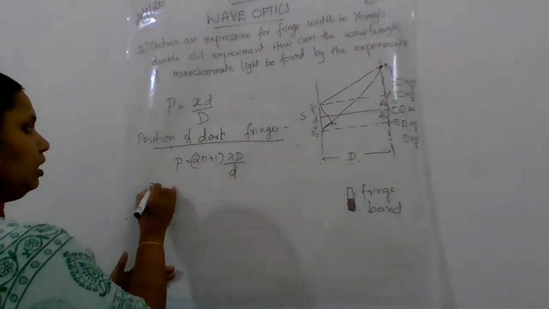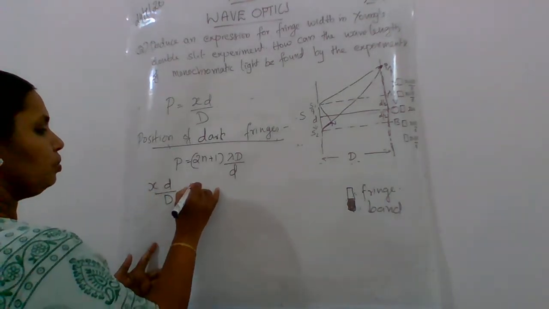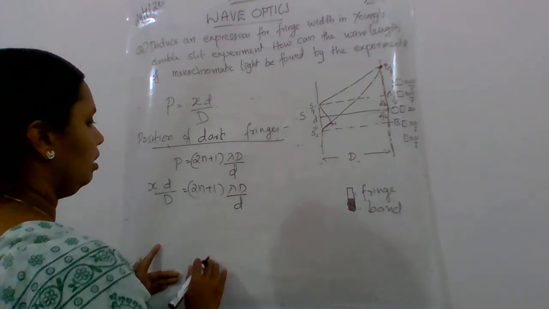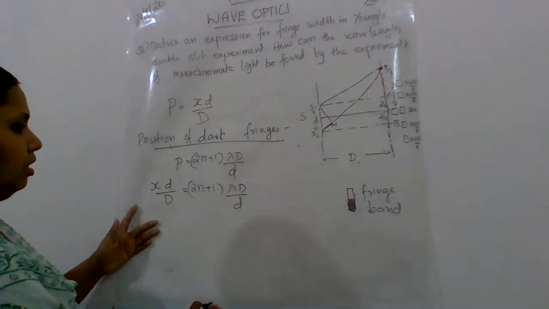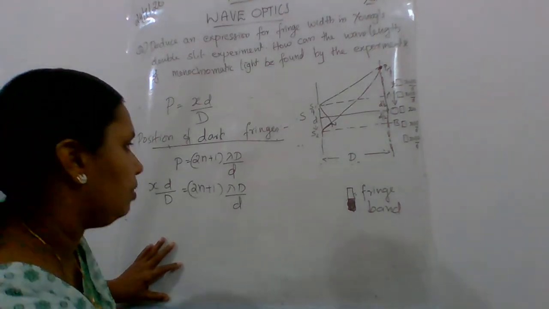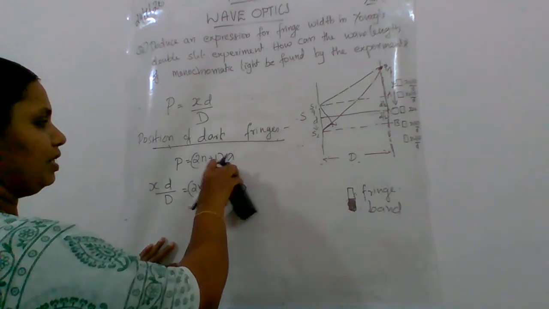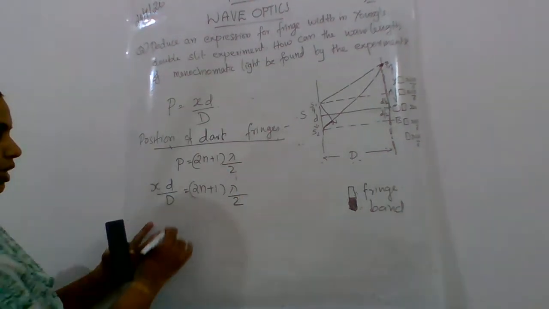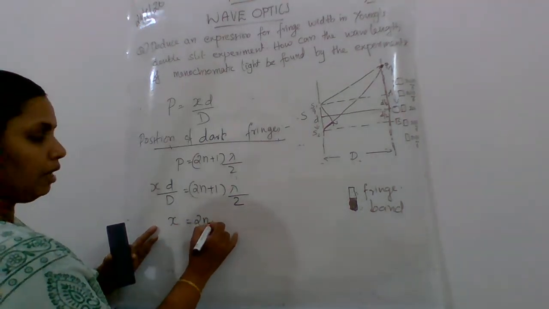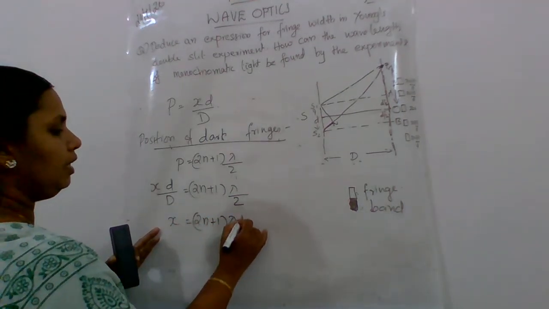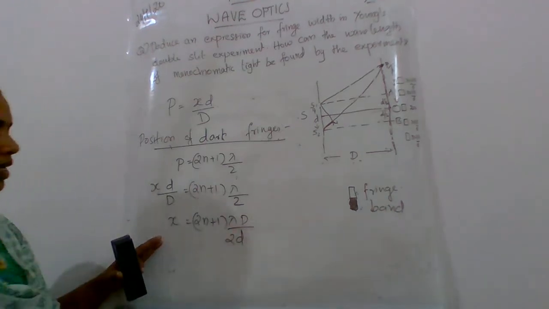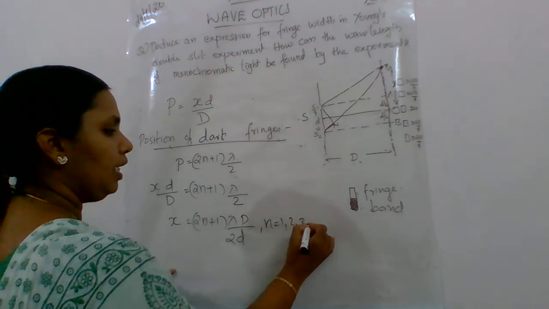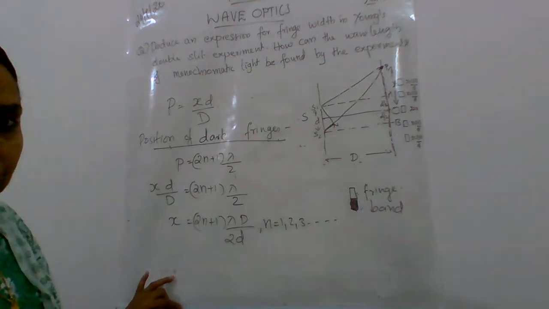So we can equate it: x d by D is equal to (2n plus 1) lambda by 2. So what is x? x is equal to (2n plus 1) lambda D by 2d, where n is equal to 1, 2, 3, etc.